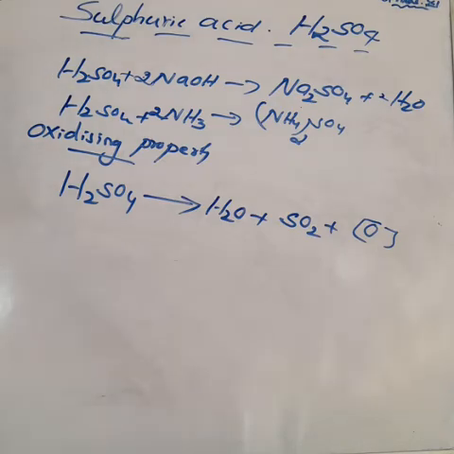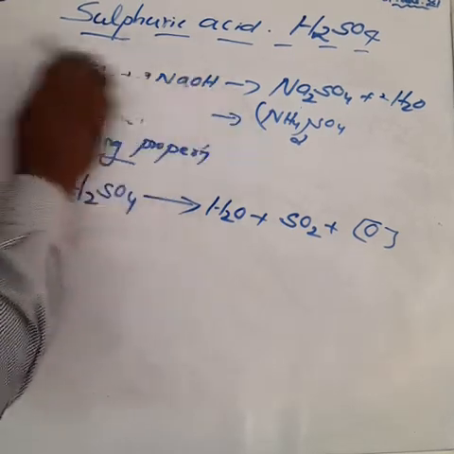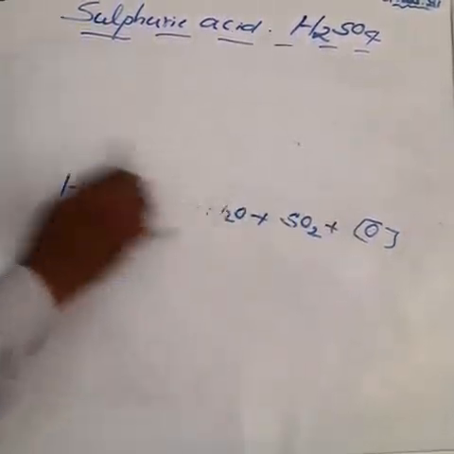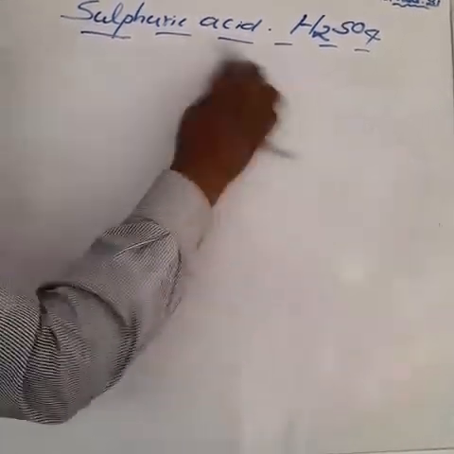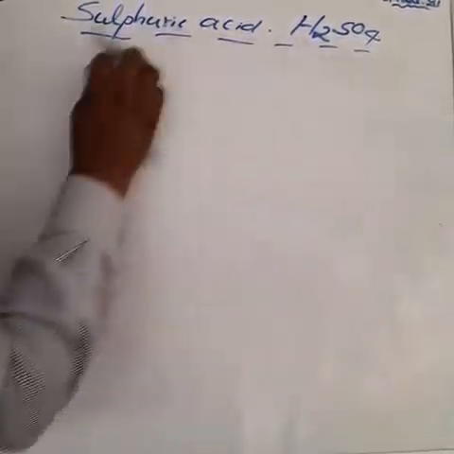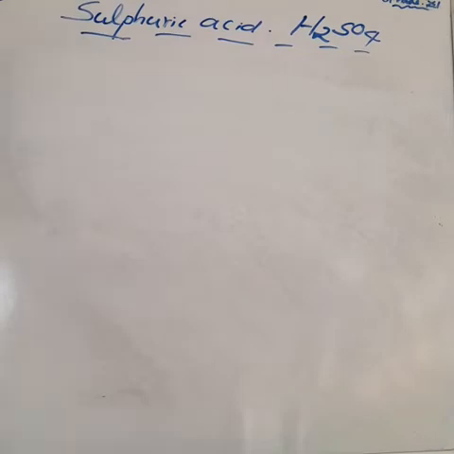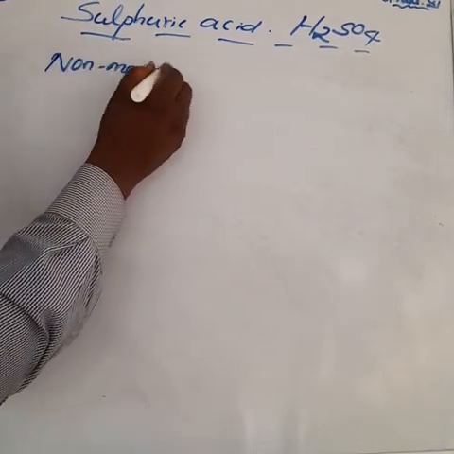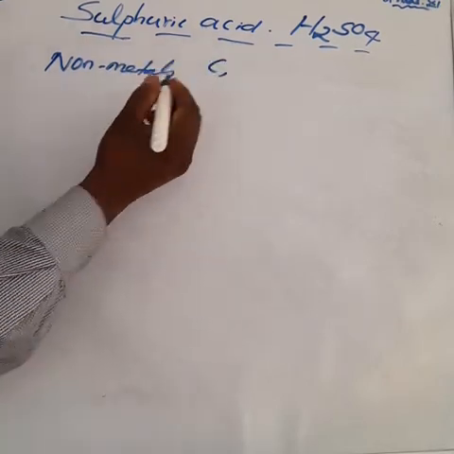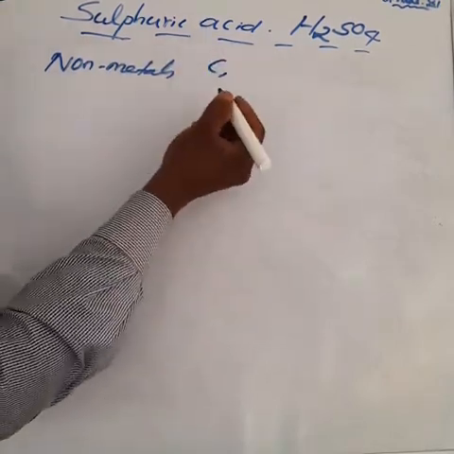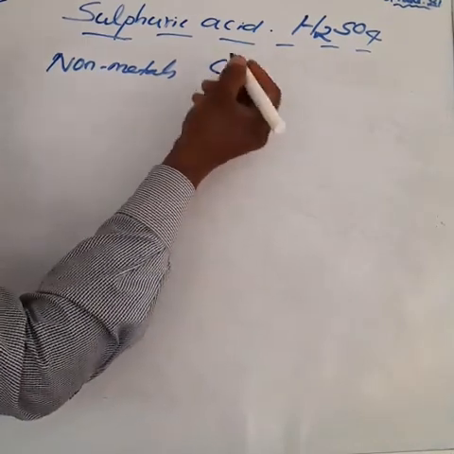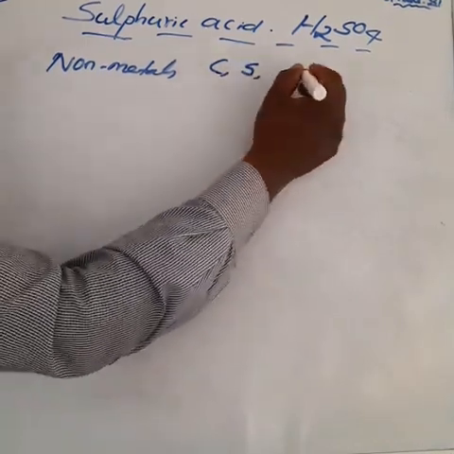Okay, my dear children, in this area we have some important equations. All equations are not important, but we have to try to learn some. Here sulfuric acid reacts with some non-metals. Which non-metals are we using? Carbon reacts with sulfuric acid, we get carbon dioxide. Sulfur combines with sulfuric acid, we get sulfur dioxide.